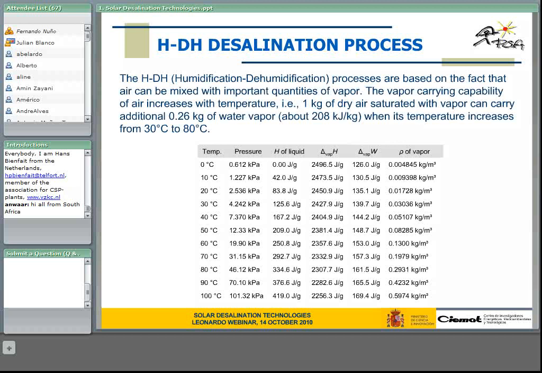For instance, 1 kilogram of dry air can absorb about 0.26 kilograms of water if the temperature increases just from 30 to 80 Celsius. This is a significant amount of water that, if we are able to condense it, we can use to make distillation of water.